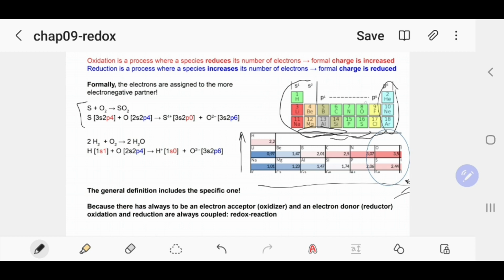So in the case of oxygen, the oxygen gains 2 electrons and becomes saturated, like a noble gas, like neon. So therefore it becomes O2 minus. But in the compound SO2, if one element is gaining electrons, then the other element must definitely lose electrons.